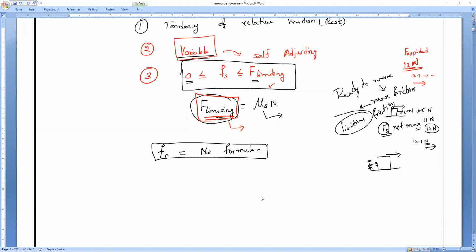From this, you can understand that the body will start moving when the applied force is more than the limiting friction.